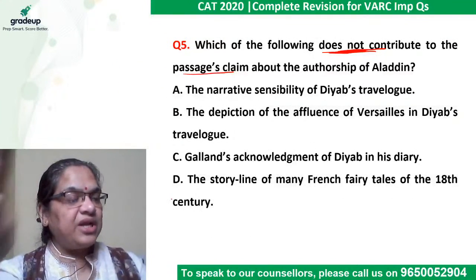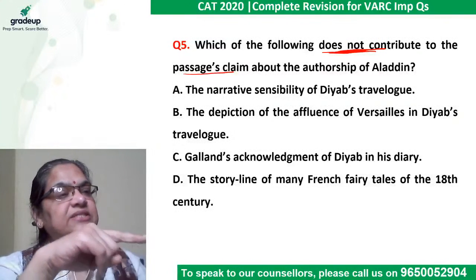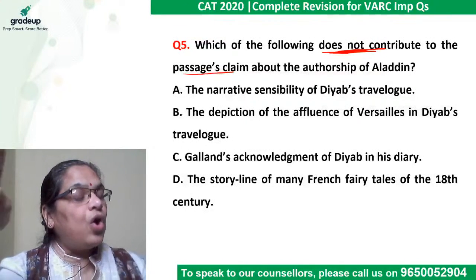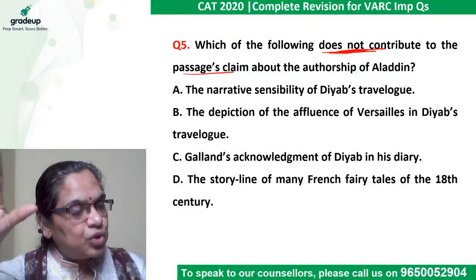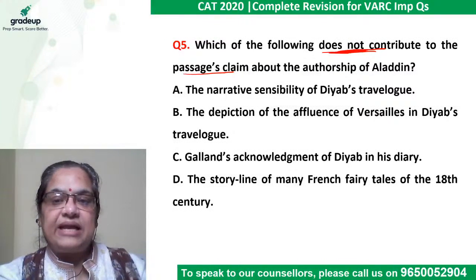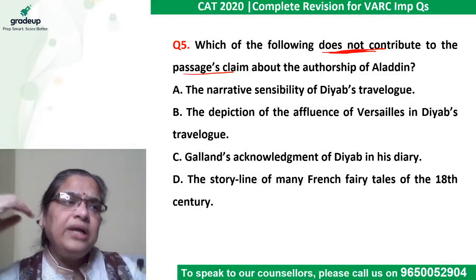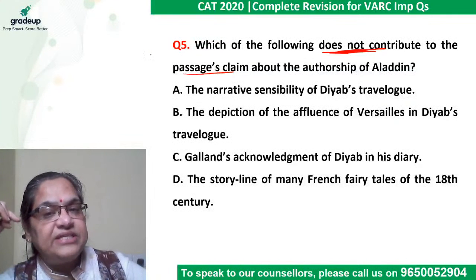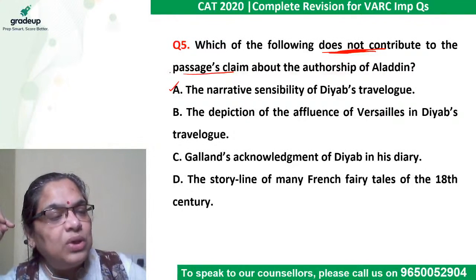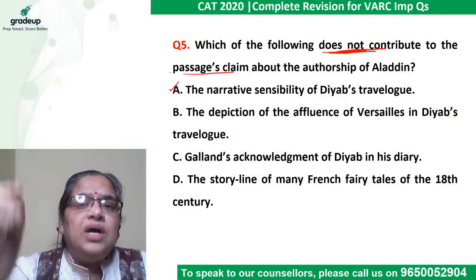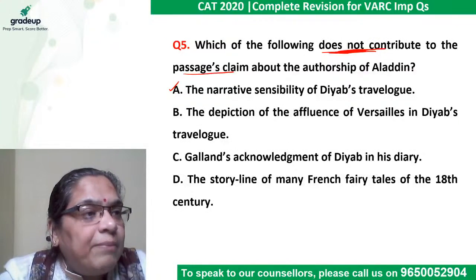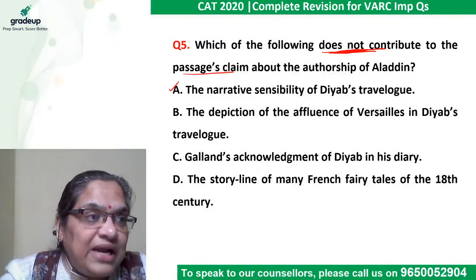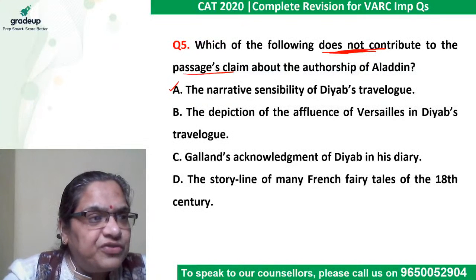The passage claims that Hannah Diab is the original author of Aladdin. The story of Aladdin is based on Diab's character. What are the points he gave? He says the narrative sensibility. Only somebody who's gone through experiences like Diab could have mentioned this travelogue. I'll answer all your questions. Let me just finish the 5th question, Harsha.